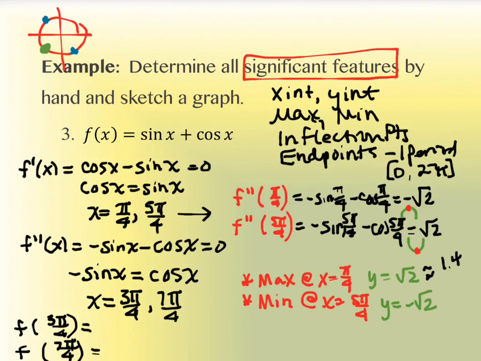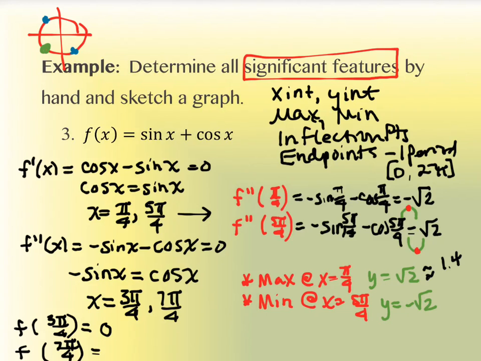Well, I've got sine of 3 pi over 4, which is square root 2 over 2, and it's positive because it's sine. And then the cosine of 3 pi over 4 is negative square root 2 over 2. So when they add together, we get 0.